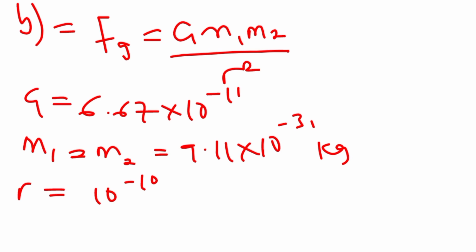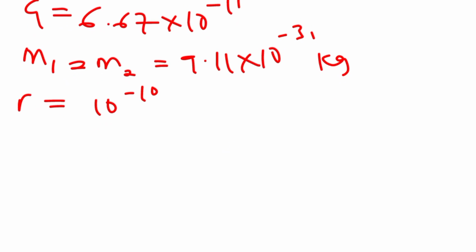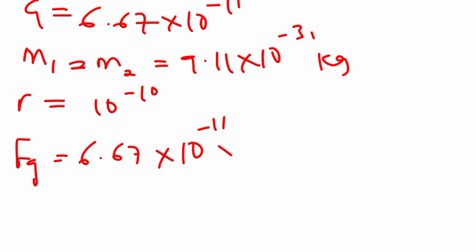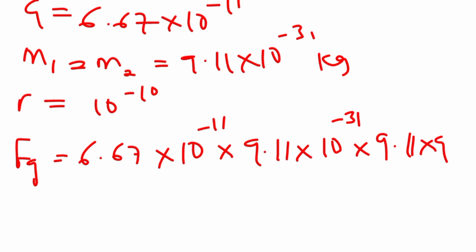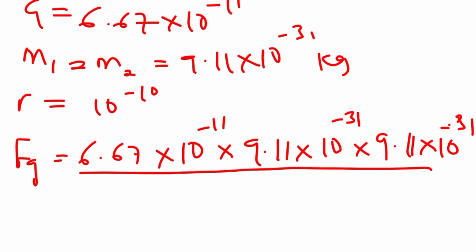So we need to just substitute. Then Fg equals 6.67 times 10 to the power of negative 11 times 9.11 times 10 to the power of negative 31 times 9.11 times 10 to the power of negative 31, all divided by 10 to the power of negative 10 squared.